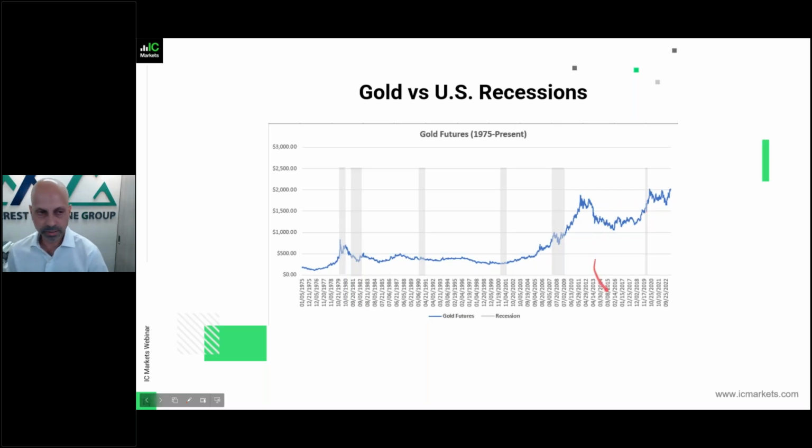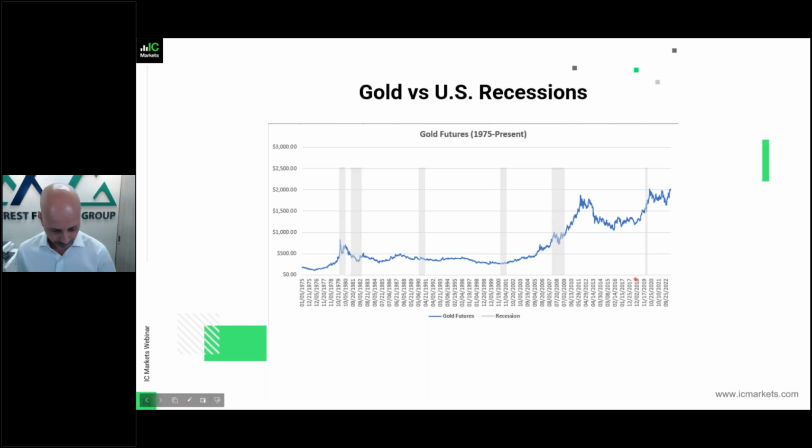So you can see that there are always statements being thrown about as gold serving as a hedge against certain crises, economic crises or recessionary periods. But as you can see from the data, that is not always the case, right? It's never 100%. And we will explore why this is the case in the next few slides.